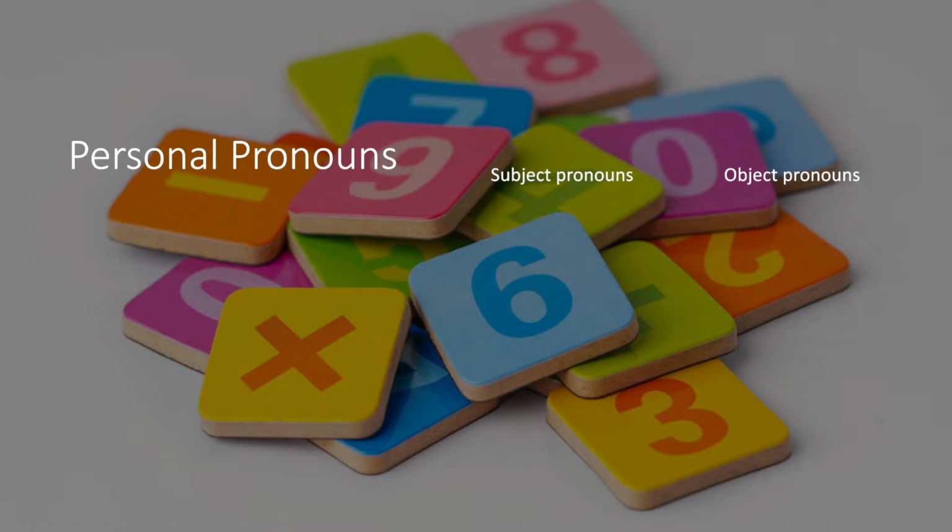Okay, let's look at personal pronouns first. Here, I have the subject and object pronouns, so there's two types when it comes to personal pronouns. Subject pronouns and object pronouns. So first, let's take a look at subject pronouns.